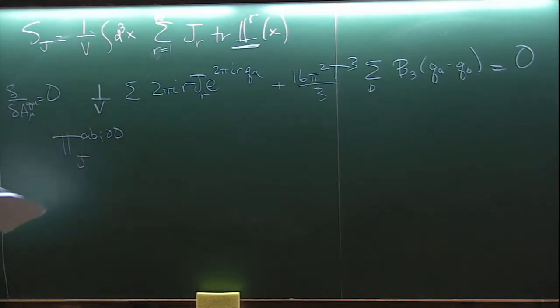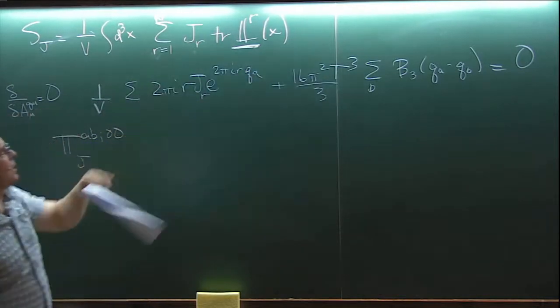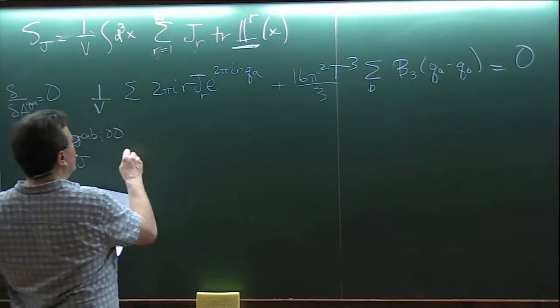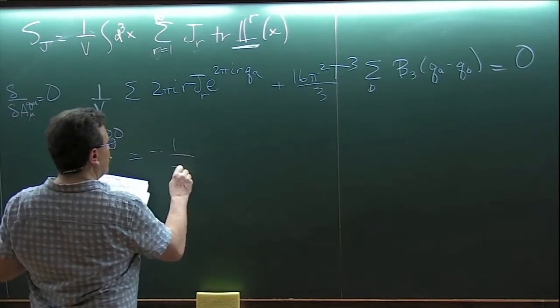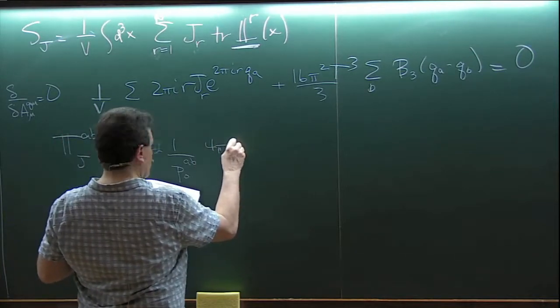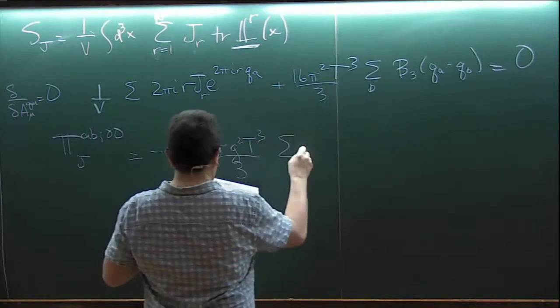So this is simply saying I can expand. If I have something here proportional to a non-zero source, I'm going to get something. And what you find is you get minus 1 over P naught AB, some number.